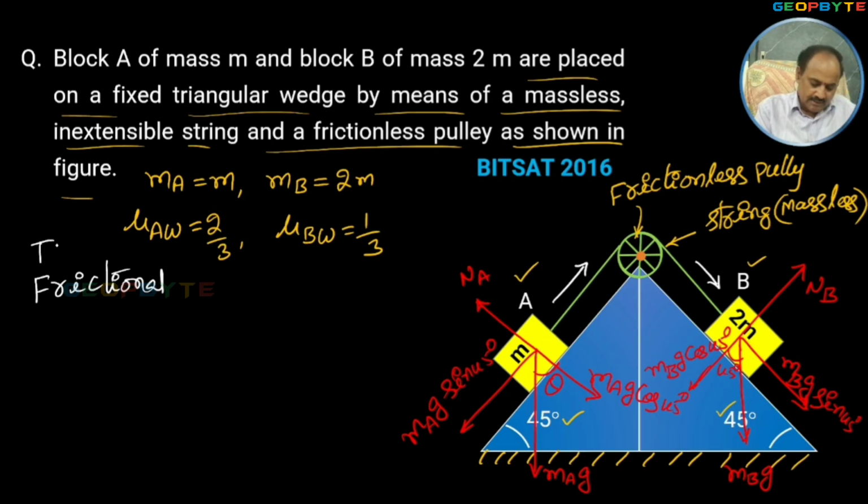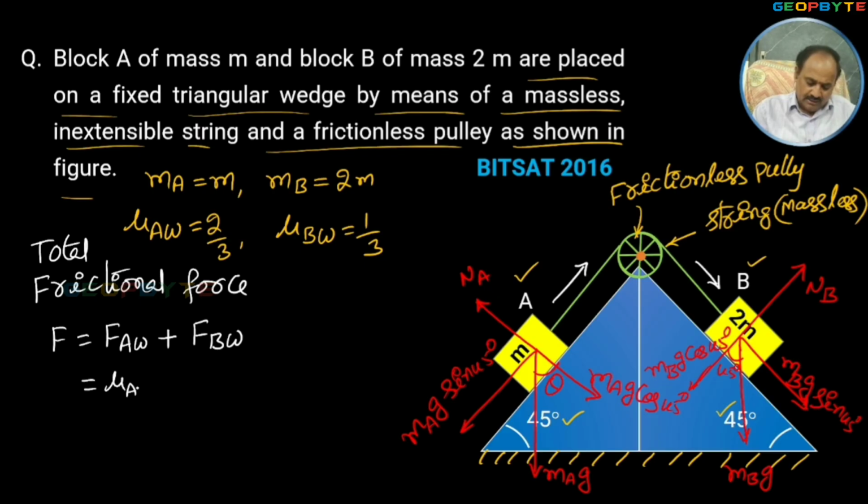Total frictional force F equals F between A and the wedge plus F between B and the wedge, equal to mu_A into M_A g cos 45 degrees plus mu between B and the wedge into M_B g cos 45 degrees.